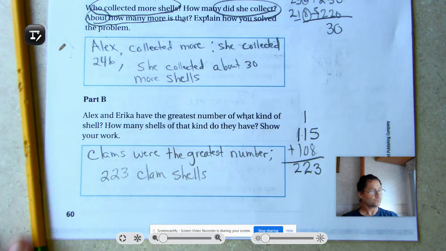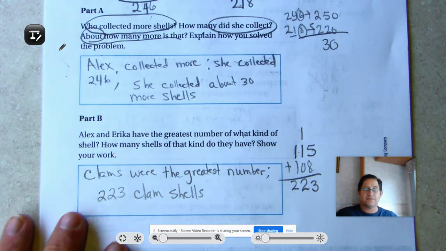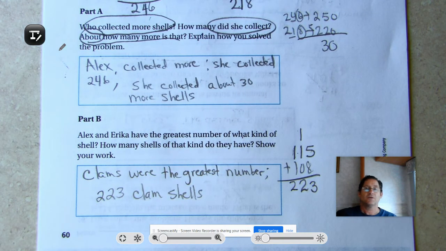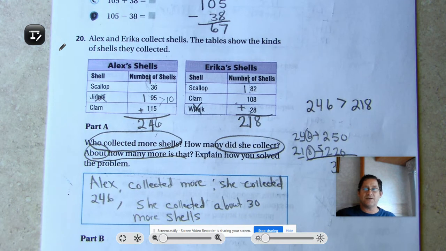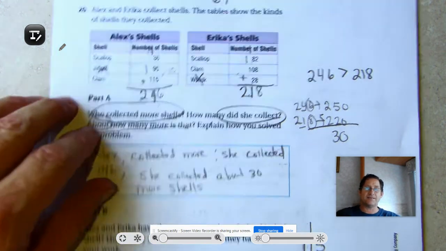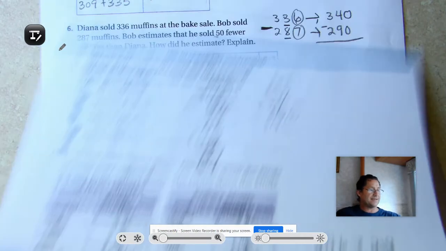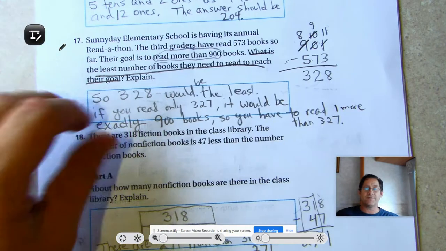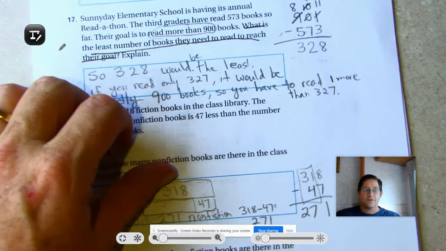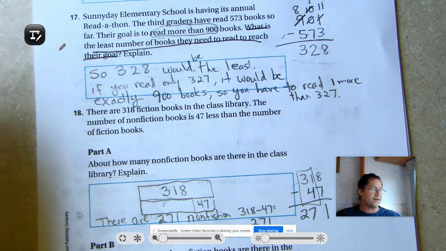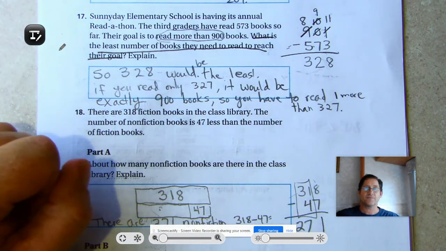Okay. And that's the story for chapter 1. So we basically learned several different strategies for adding and subtracting values. So you'll now do the online practice test. Make sure you keep your textbook close to you. Use the video I've recorded if you need help looking at the explanations.